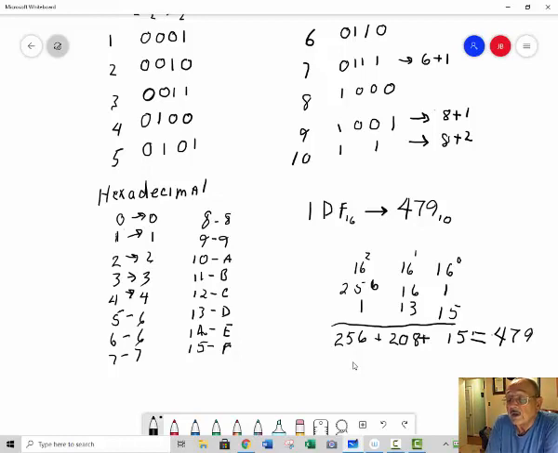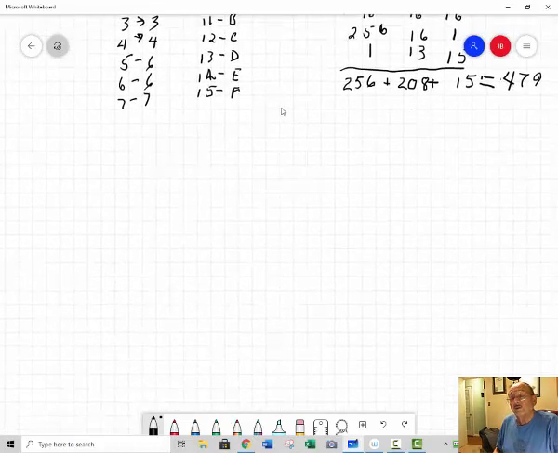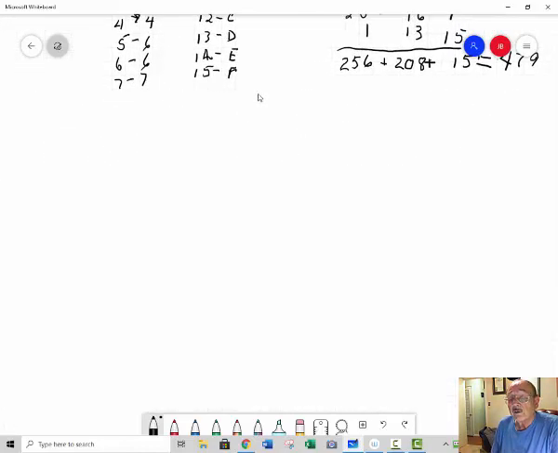Okay, now let's go the other way. Let's take that 479 and see if we can figure out a way to get to the hexadecimal. And basically it's simply division and looking at remainders. Now I want 479 base 10, and I want to figure out how do I get to base 16. That's what I'm interested in. Well, bottom line is you simply take 16 into 479.